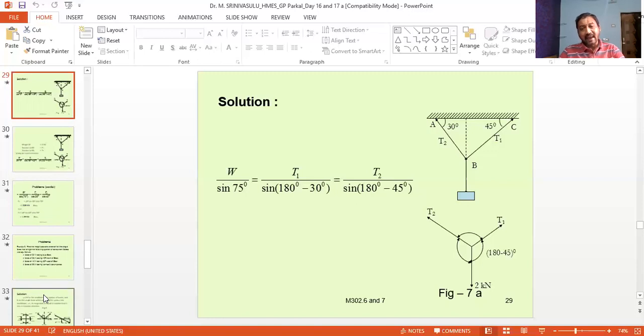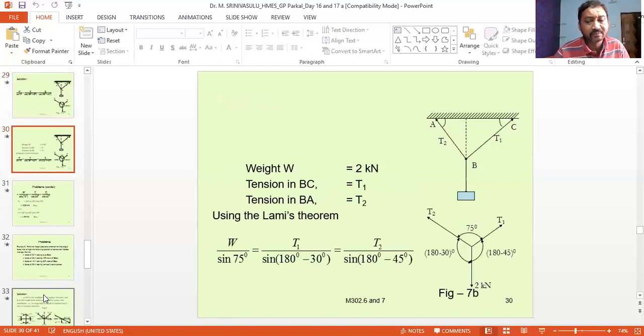Similarly, the angle between T2 and W is equal to 180 minus 30 degrees, and the angle between the two forces is 45 plus 30, which is 75 degrees.